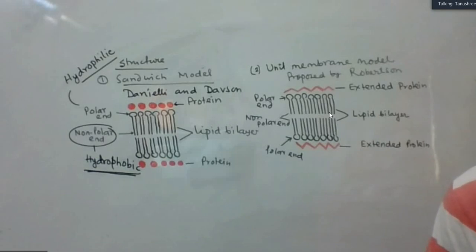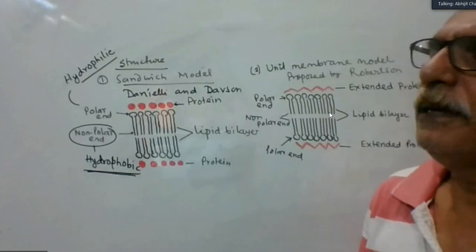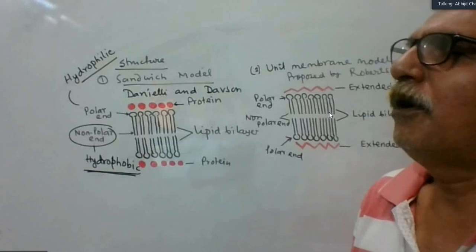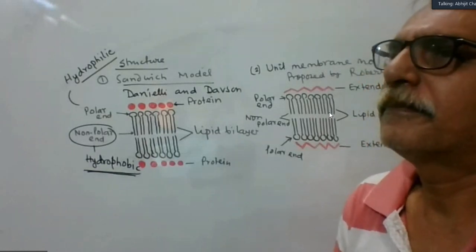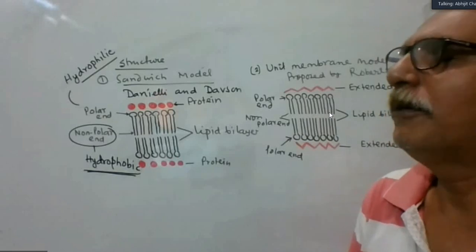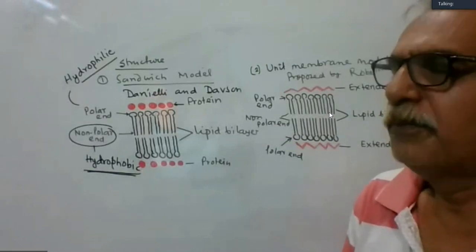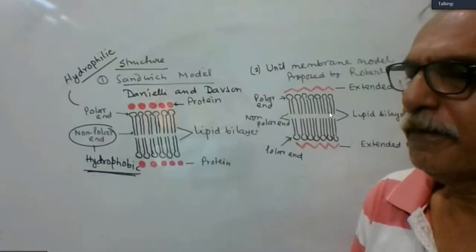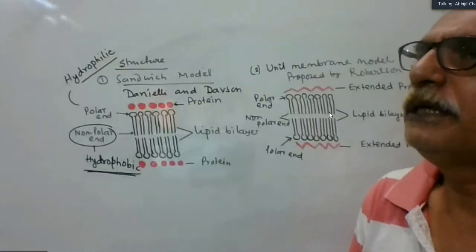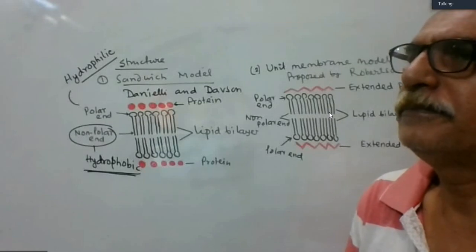Sir, repeat. Like the cell membrane, all cytoplasmic membranes present in a cell are made of protein, lipid, protein.